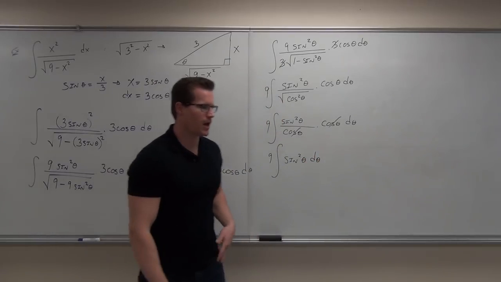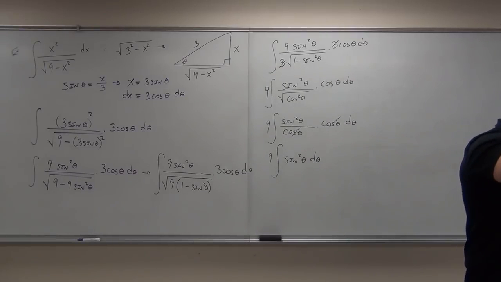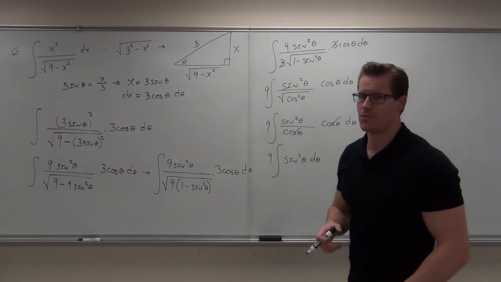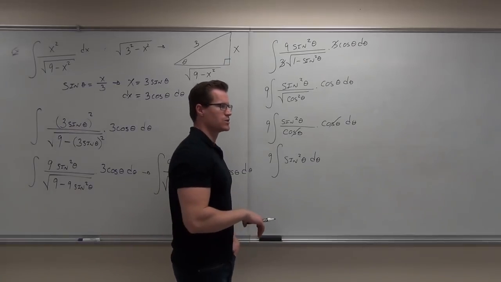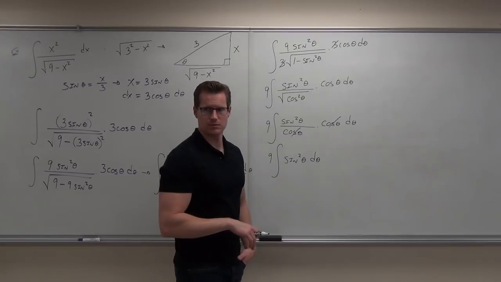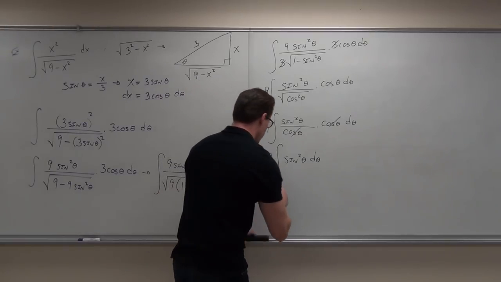Can we do the integral of sine squared theta? How would you do it? Reduction formula. You could do reduction formula. You could. How could you do it if you didn't want to? Half angle. Yeah, very good.